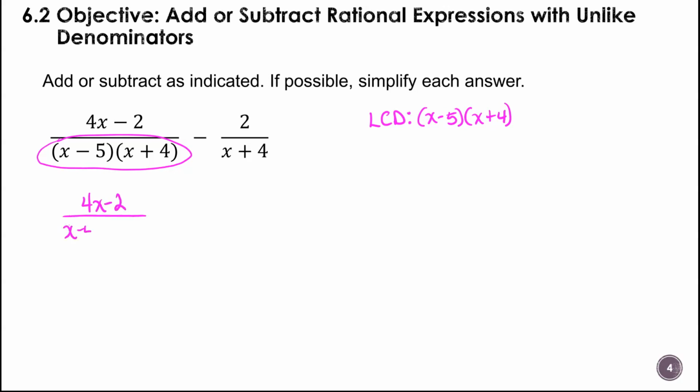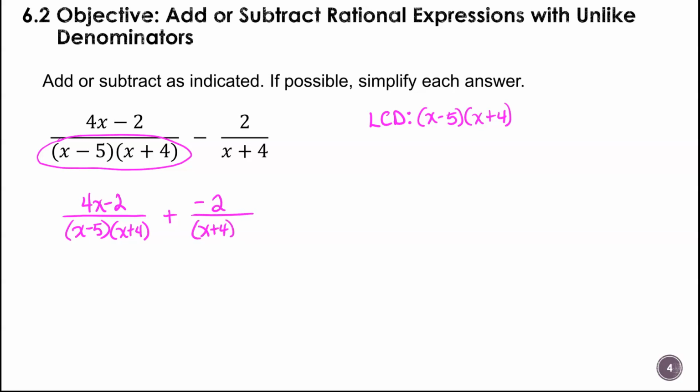Right, x minus 5. Whoops. Kind of got that running together. Okay, that's being slow. X minus 5 times x plus 4. And then I'm going to write a minus sign up here with the 2 so it doesn't get lost.